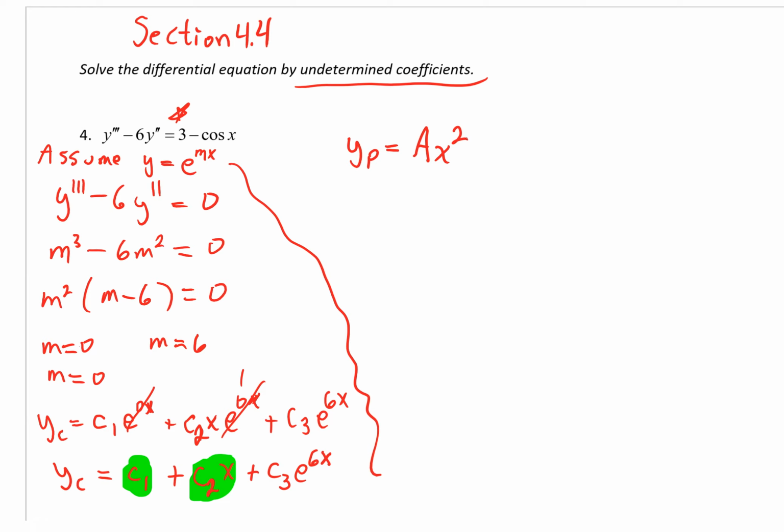So that gets to be so very, very subtle. We have to be so incredibly careful about that. But that's key to being able to work this out. So when you see what would appear to be a particular solution, if it's already showing up in your complementary solution, whatever repeats you have to throw in one additional factor of x. So please be careful about that.